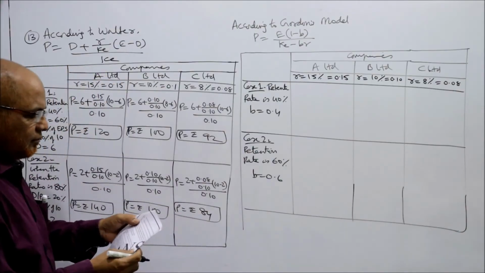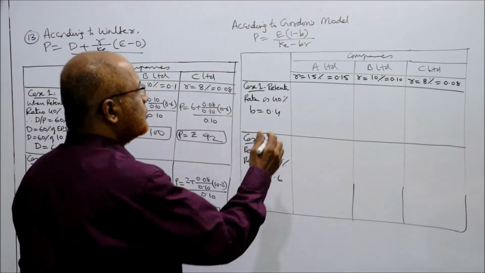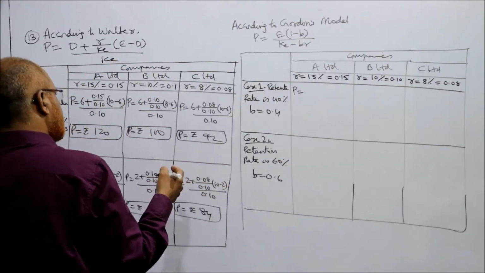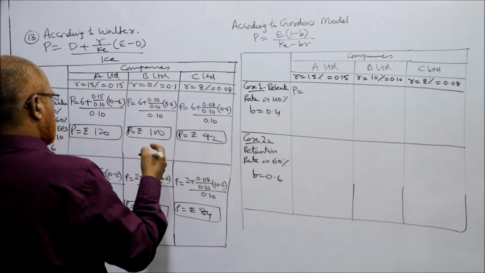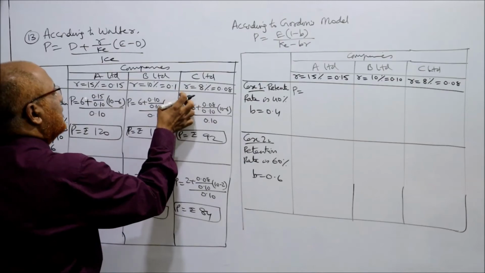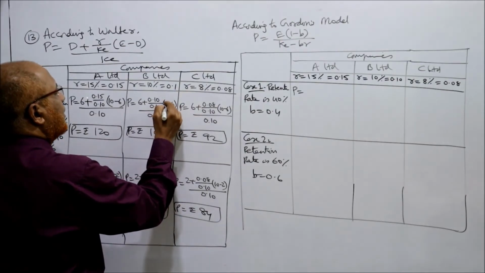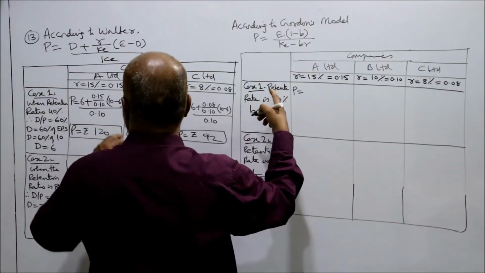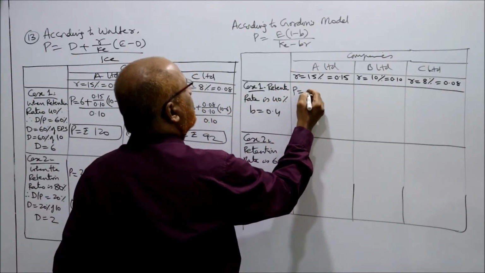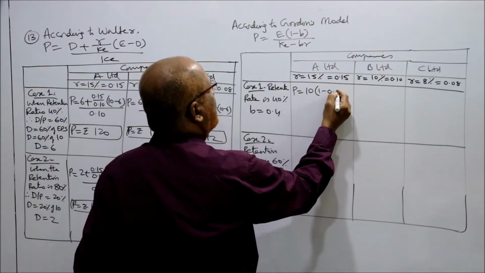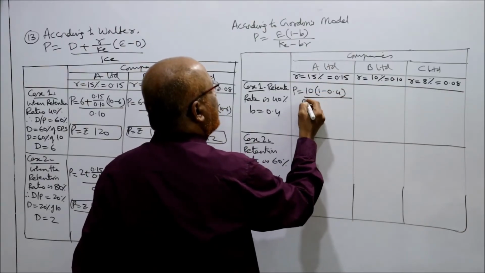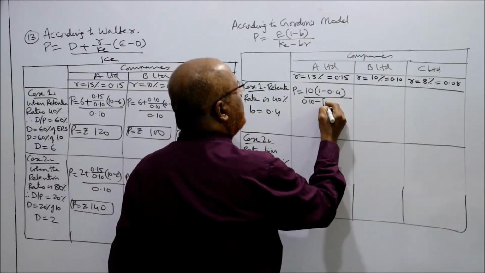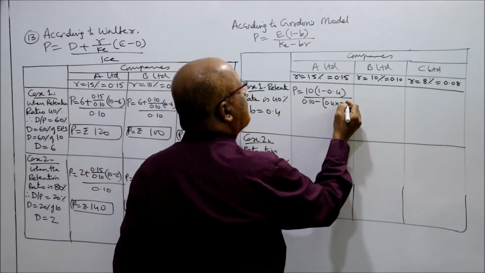That's all. Now simply we substitute the values. P is equal to E. The earnings per share is here 10. Earnings per share is 10 rupees given in the problem. 10 into 1 minus 0.4 divided by KE is 0.10 minus B into R. B 0.4 into R is 0.15.